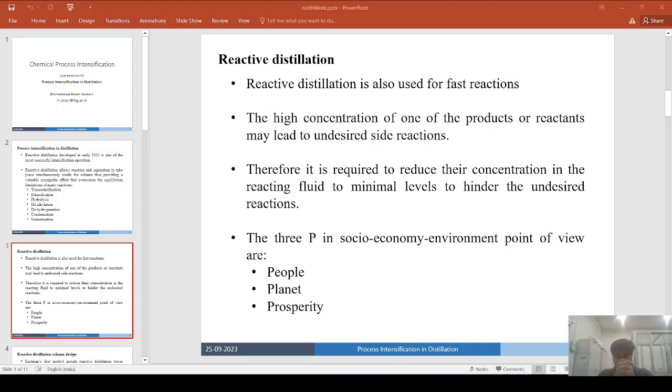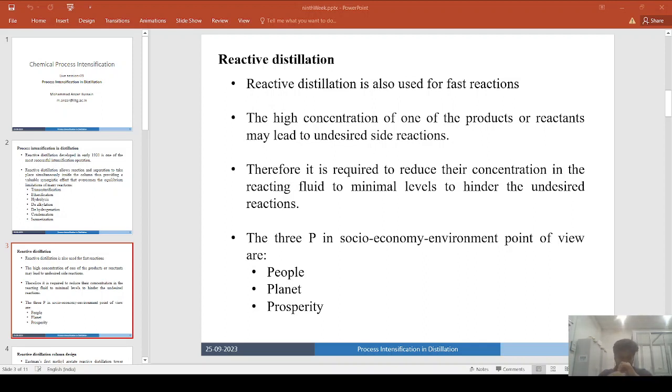The importance basically comes from the 3P intensification point of view that we discussed in initial weeks, where people, planet and prosperity, the synergy between all three of them, is required to perform process intensification in the right direction. So what are those 3Ps? Those 3Ps are people, planet and prosperity.